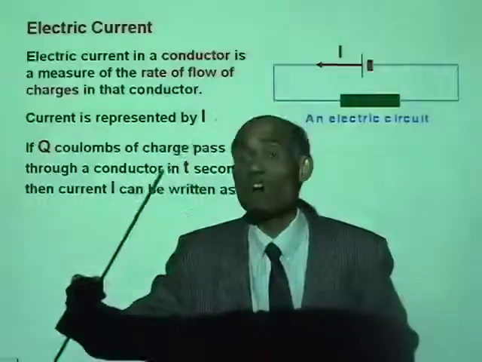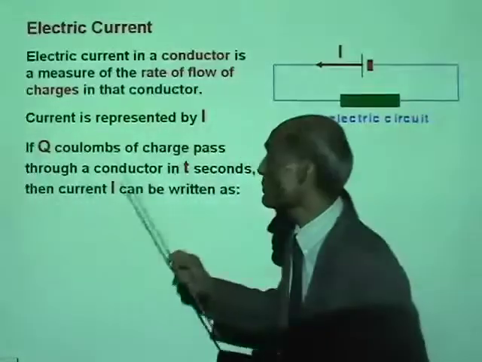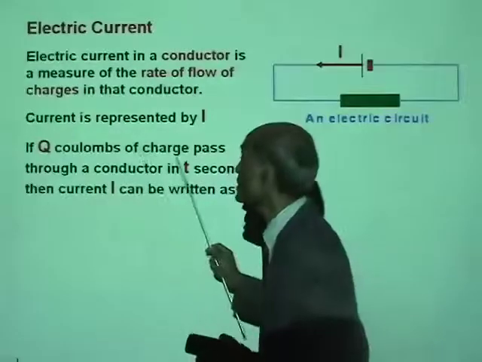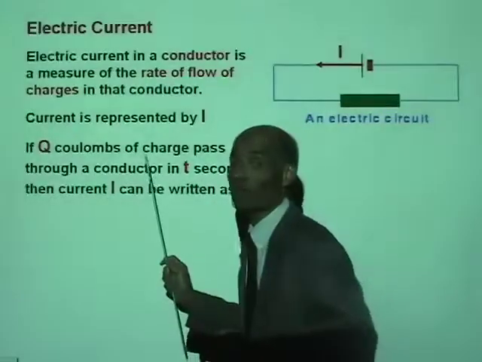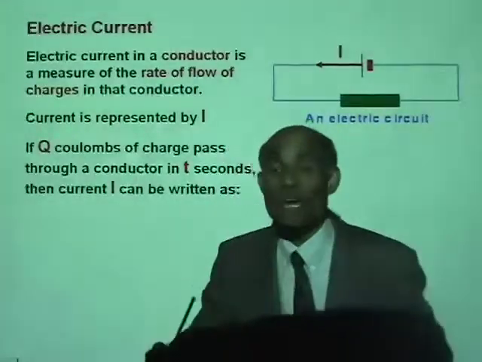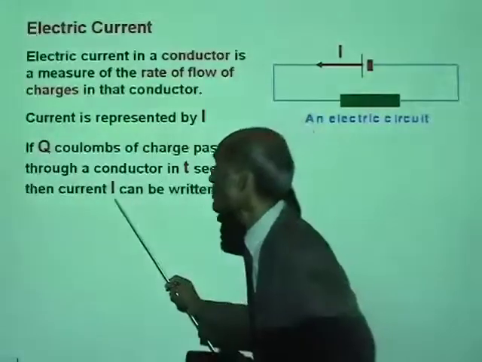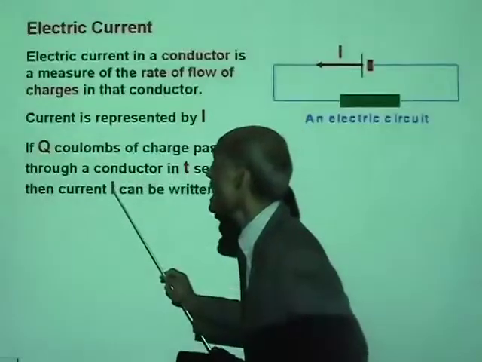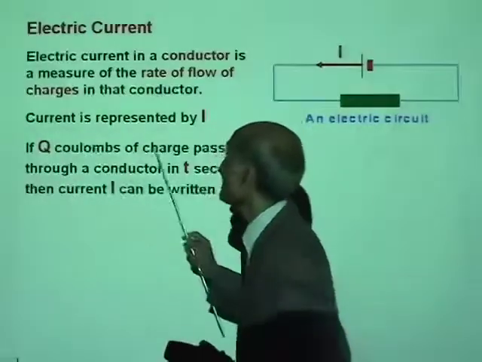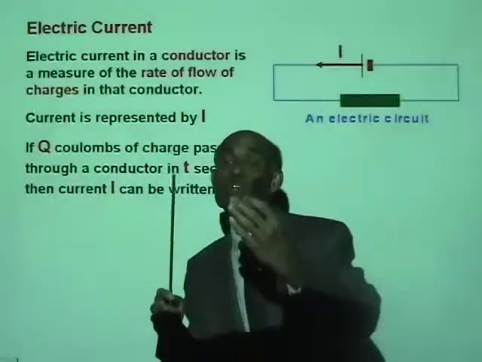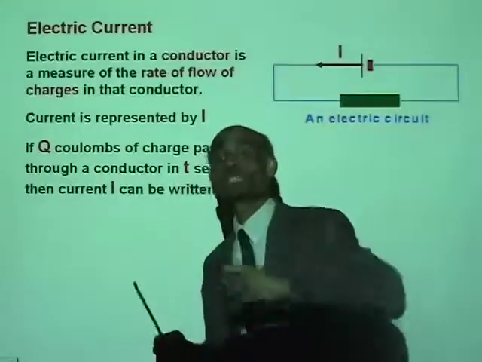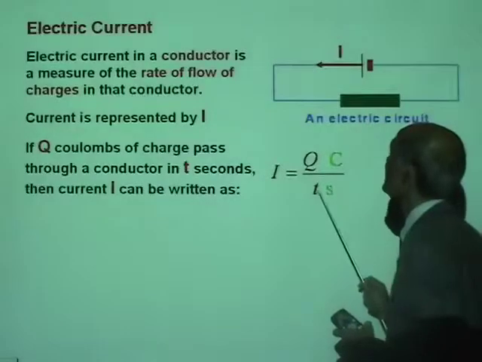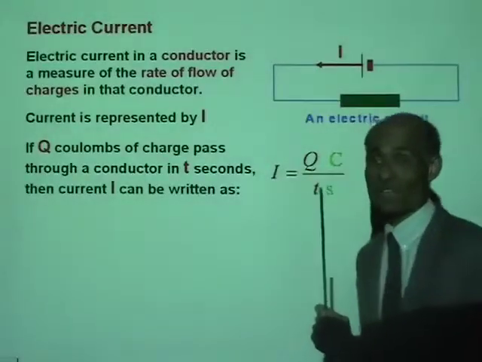It is the rate of flow of charge. In other words, it's a ratio of the amount of charge to the amount of time. So how can you write an equation for current? Current is the rate of flow of charge. I equal to Q divided by T, a ratio of Q to T. So I equal to Q coulombs divided by T seconds.